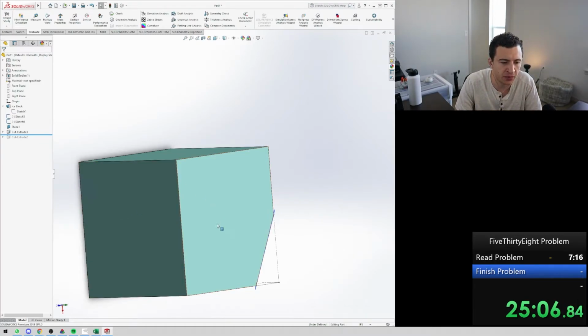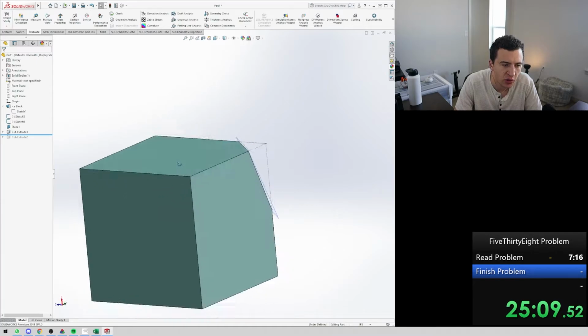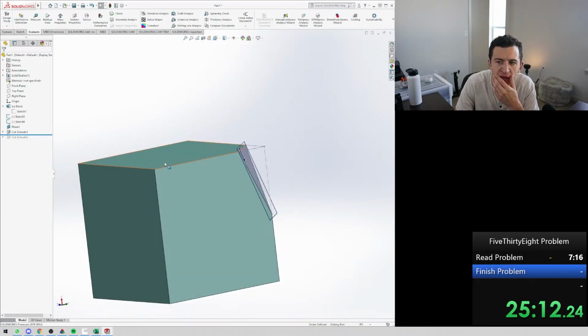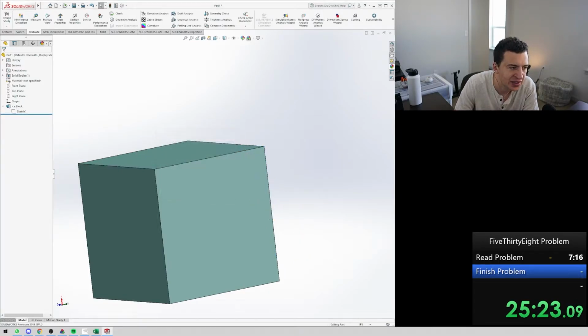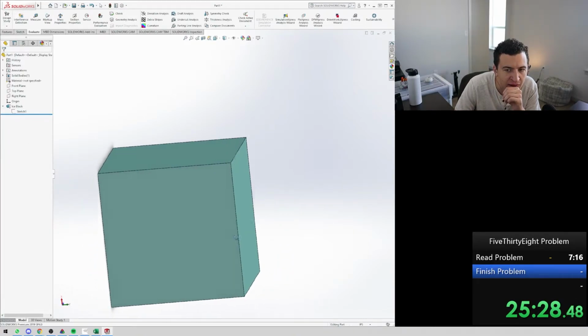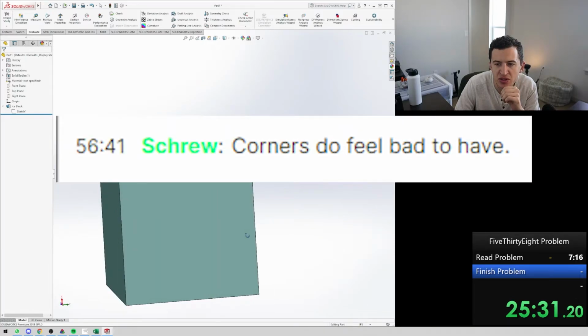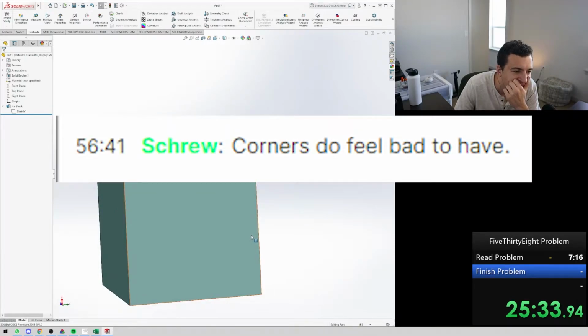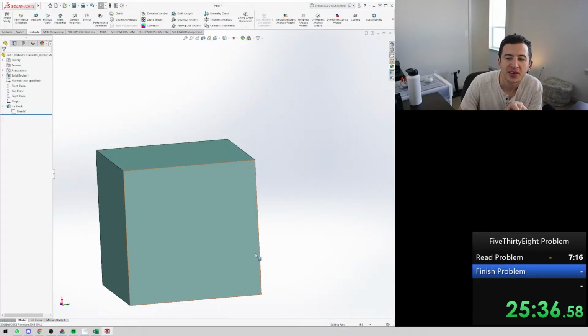Because we only get 1 cut, and I'm worried that we're going to start taking off a lot of volume. Yeah. All right, well, I kind of want to stay in SolidWorks land because it makes my life easier. At least until corners do feel bad to have the, okay, yes. You're putting what I was thinking into a smart sounding thought, because corners are the flat plates of our situation.